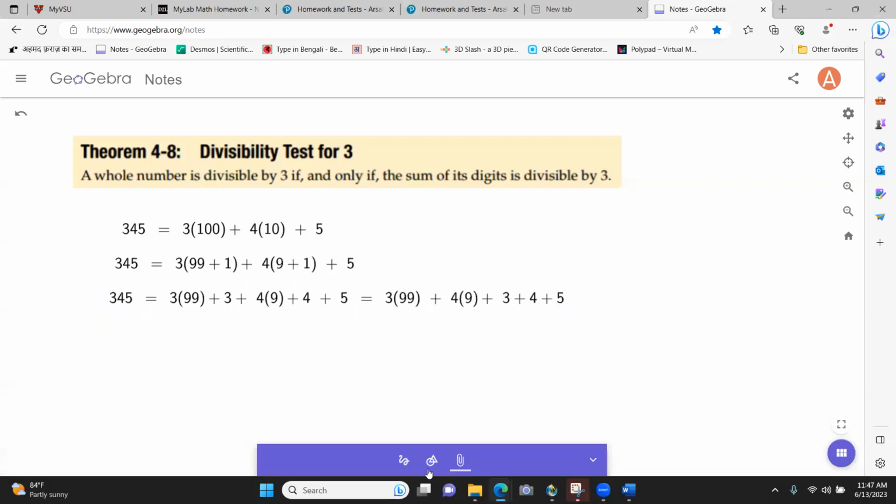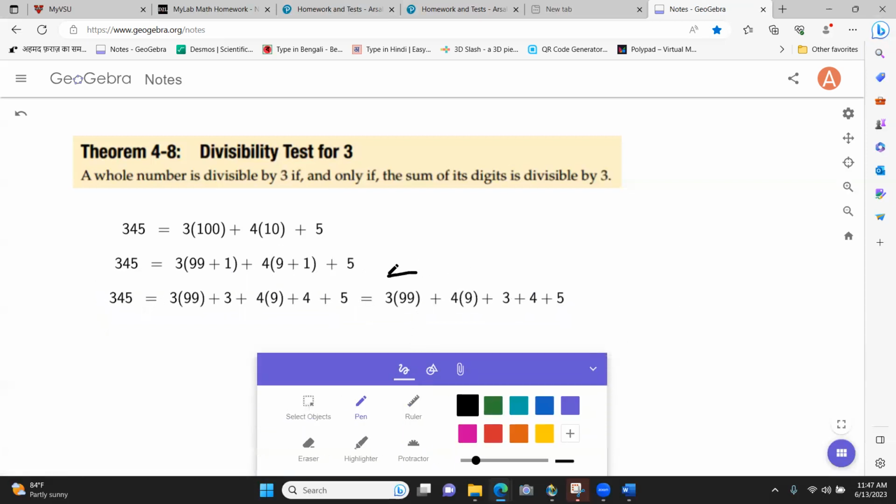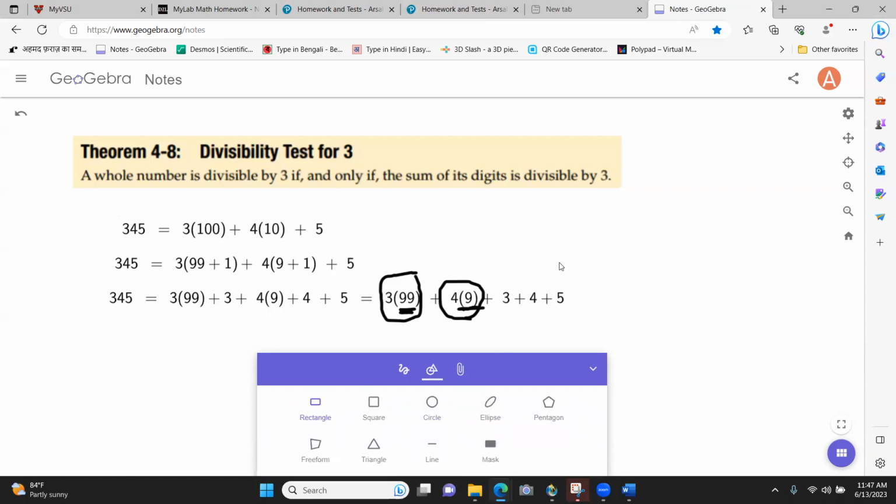Now, this will always be divisible by 3 because 99 is divisible by 3, and this will always be divisible by 3 because 9 is divisible by 3. When you use this technique and separate into 99 plus 1, 9 plus 1, and if we had another digit here, it would be 999 plus 1, you're always going to be left with the sum of the digits. Always.